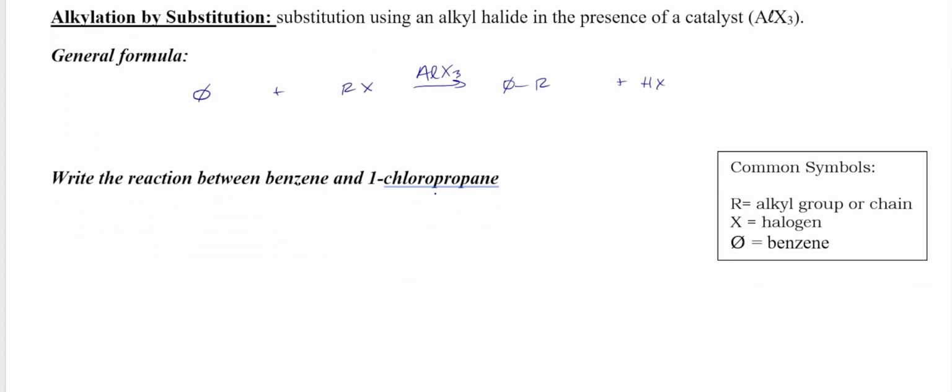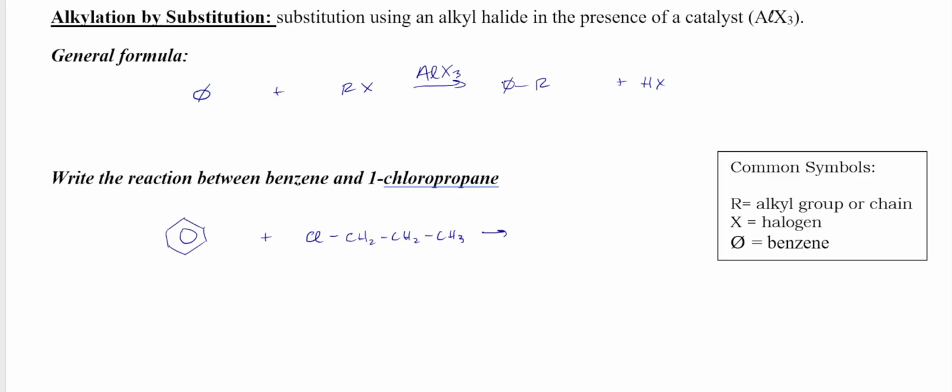So we'll write the reaction between benzene and 1-chloropropane. So I'll put my benzene right here. 1-chloropropane, that just means that I've got a chlorine on a propane structure. All right.